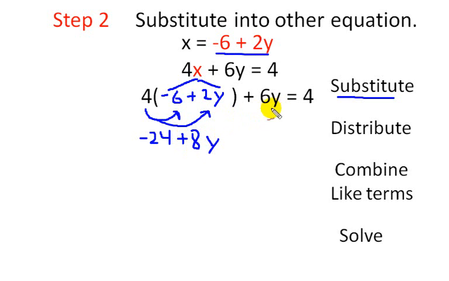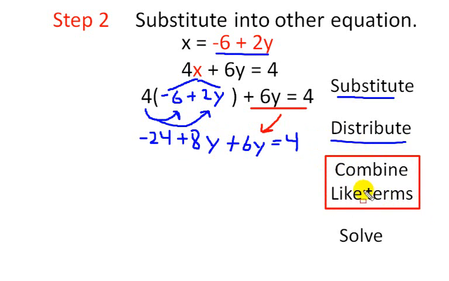The rest of the equation just comes down, so I have plus 6y equals 4. Okay, so I just distributed.